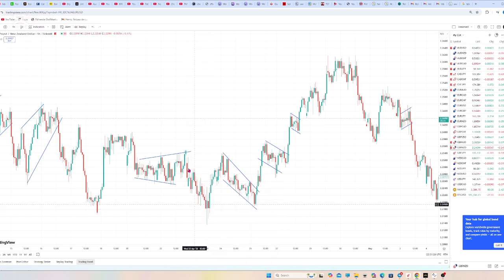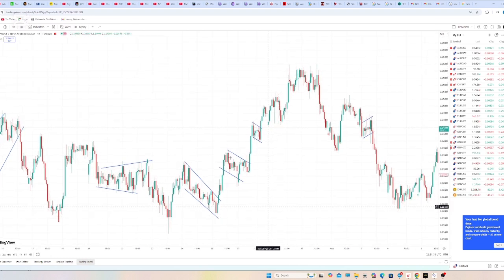Okay, after the reversal correction, what do we have? We have an impulse pushing all the way up, followed by a correction. Entry here, stop loss below, and we hold. Another opportunity, impulse, correction, breakout, entry here, stop loss below, price pushed up, again impulse, correction, and so forth and so on.